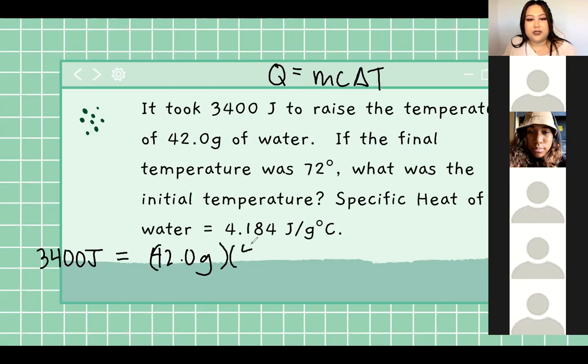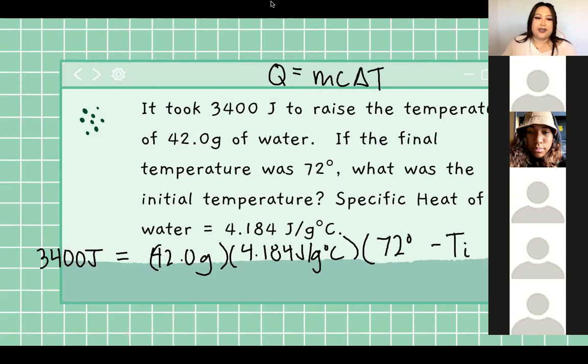Then specific heat stays the same. And then for the delta T part, how would this look? We would do 72 minus TI. Thank you. 72 minus TI.